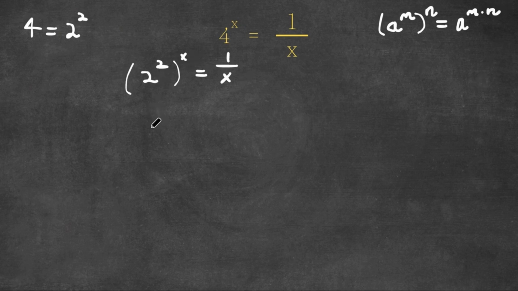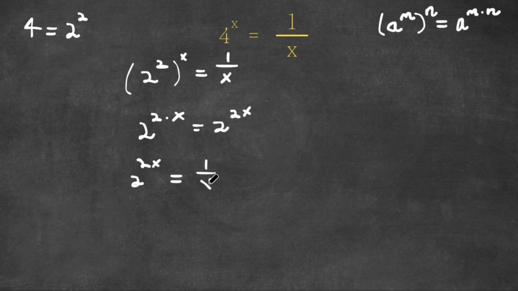So 2 to the power of 2 to the power of x, this is going to equal 2 to the power of 2 times x, which is equal to 2 to the power of 2x. So now we have 2 to the power of 2x is equal to 1 over x.